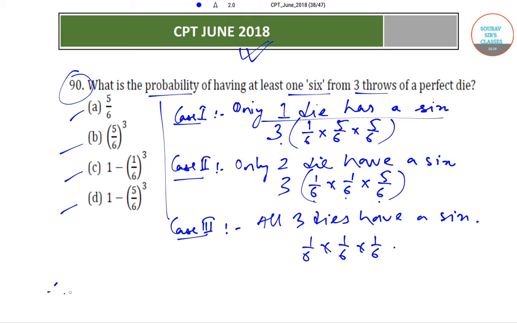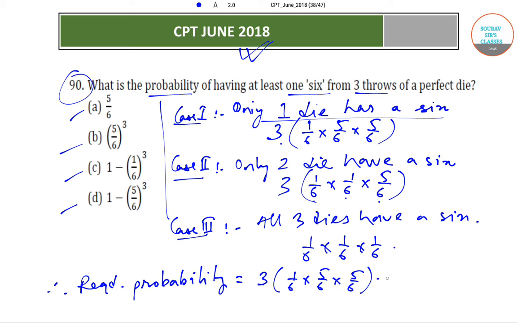So therefore the required probability of having at least one 6 from 3 throws is basically 3 into 1 by 6 into 5 by 6 into 5 by 6, plus 3 into 1 by 6 into 1 by 6 into 5 by 6, plus 1 by 6 into 1 by 6 into 1 by 6.